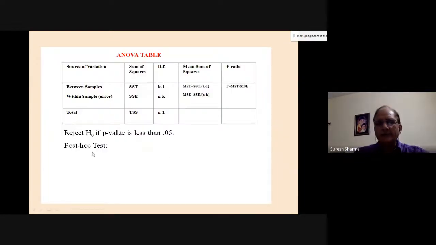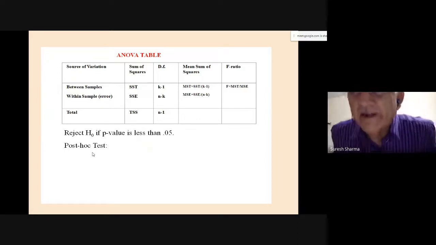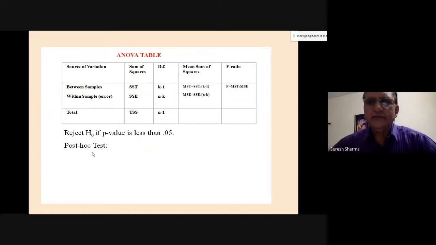Now, let's say the hypothesis is rejected. The next question comes, which brand is better? Whether Philips is better, Bajaj is better, Samsung is better. Then for further analysis we need to do, but only when H0 is rejected. Yes or no?